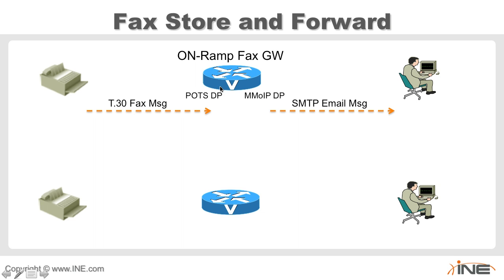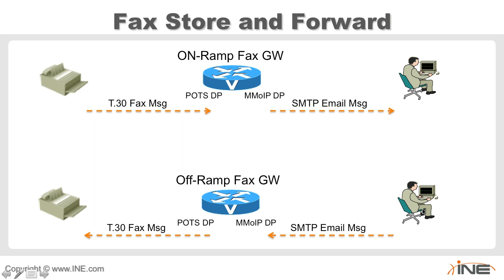That's called an on-ramp fax gateway. An off-ramp fax gateway does exactly the opposite. The user emails the message to the router or to Unity Connection or Unity Express. It turns it into an email and sends it to the router inbound on the MMoIP dial peer, and then outbound a TCL application that's embedded in IOS, already there by default.